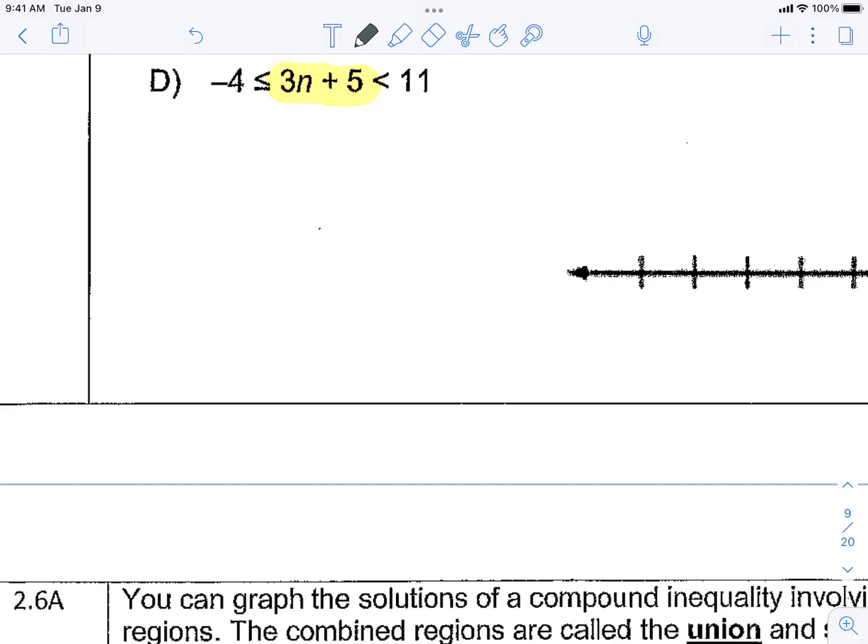And now rewrite it. Start with the left side. That's one of them. And there's the right side. Again, notice the middle went to both pieces. Solve like normal.